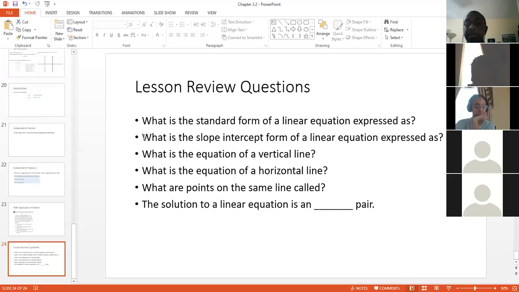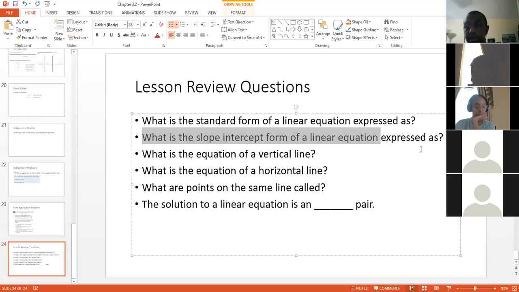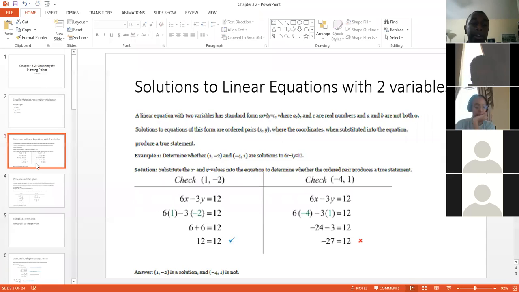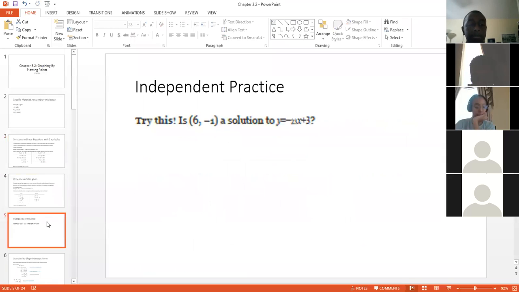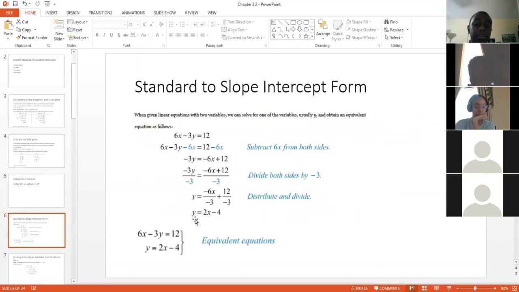I'm just going to go through the rest of these really quickly. What is the slope-intercept form of a linear equation expressed as? Well, that's whenever we have y isolated from the equation. This is slope-intercept form. Y equals ax plus b. B is some real number.